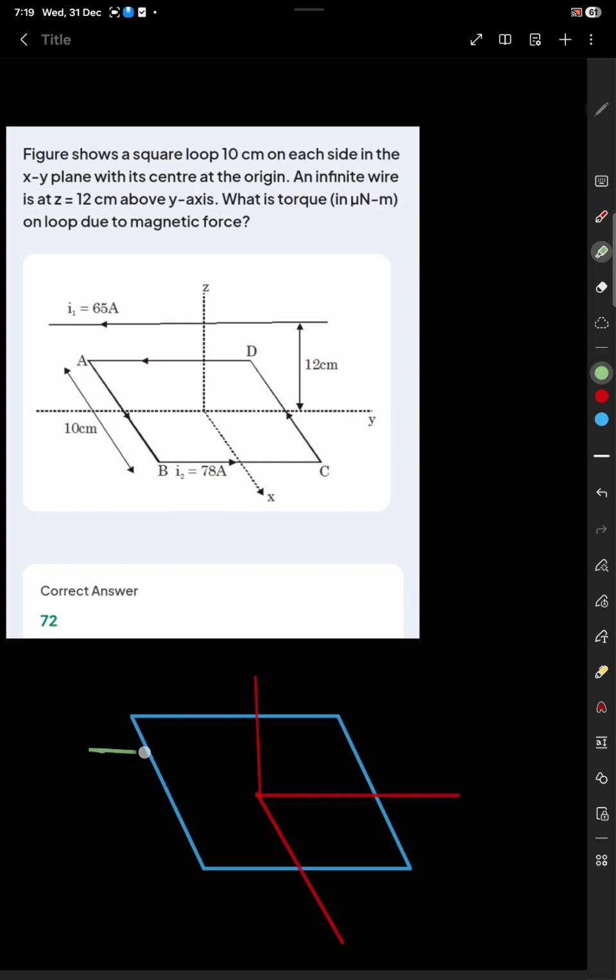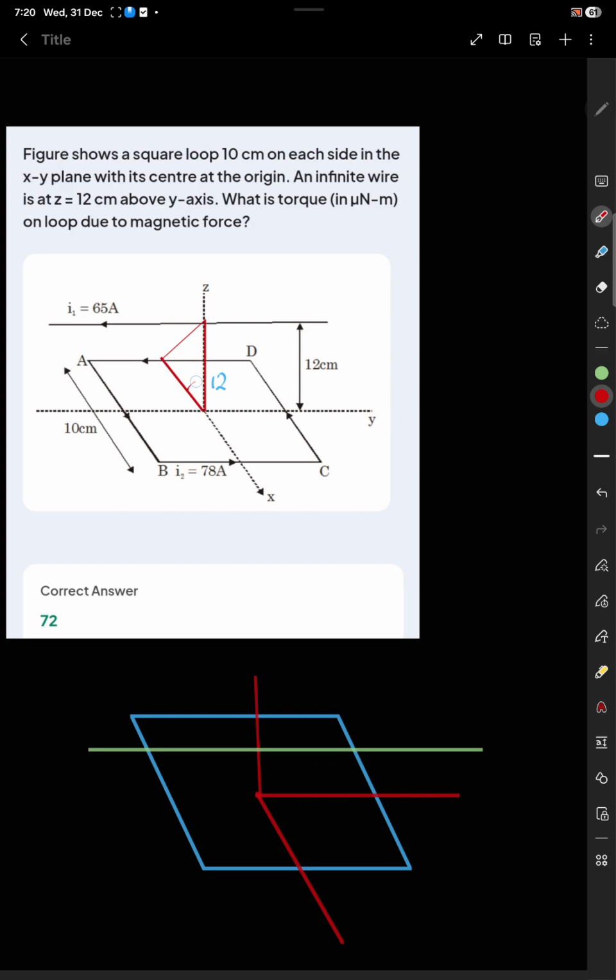So I must say that the distance between these two, as is clearly visible, this one is 12, this one is 5. So this distance you need to find out. This will be the hypotenuse, right?